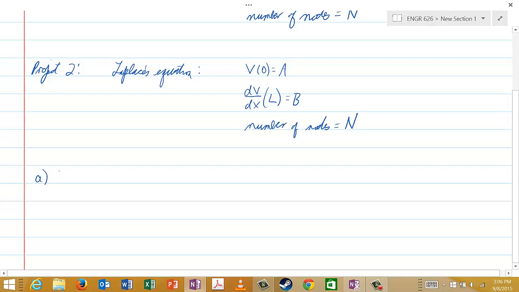The first and simplest way will be the following.